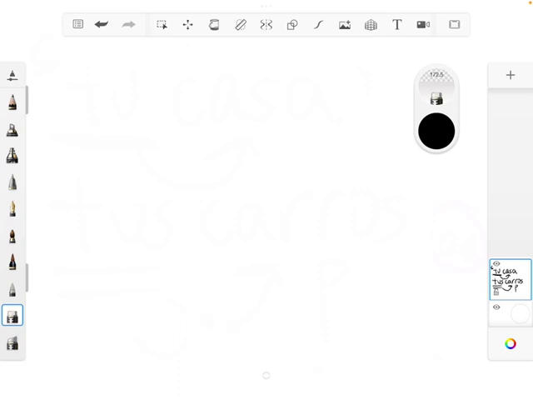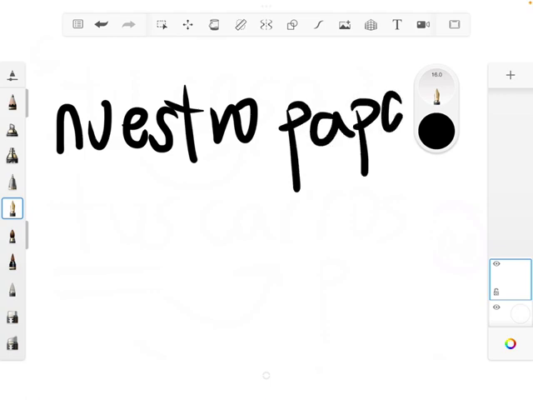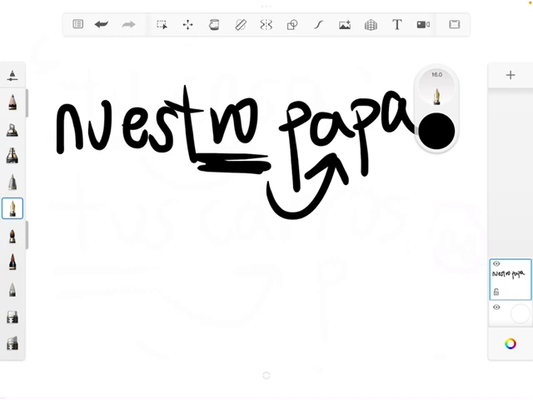If we have a possessive adjective that is plural in the sense that the people possessing are more than one, we can have nuestro papá. Okay? And this could be a group of women. It doesn't matter because this is going to have to match the noun.